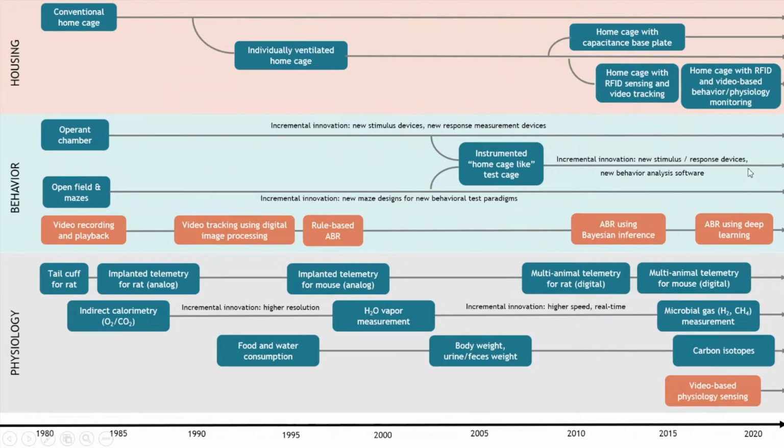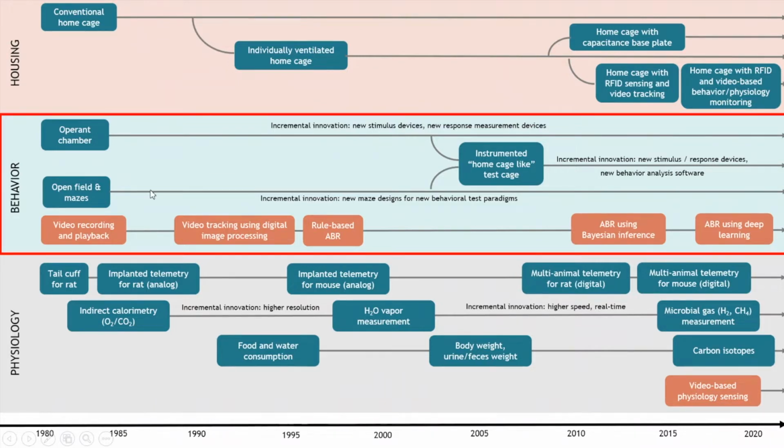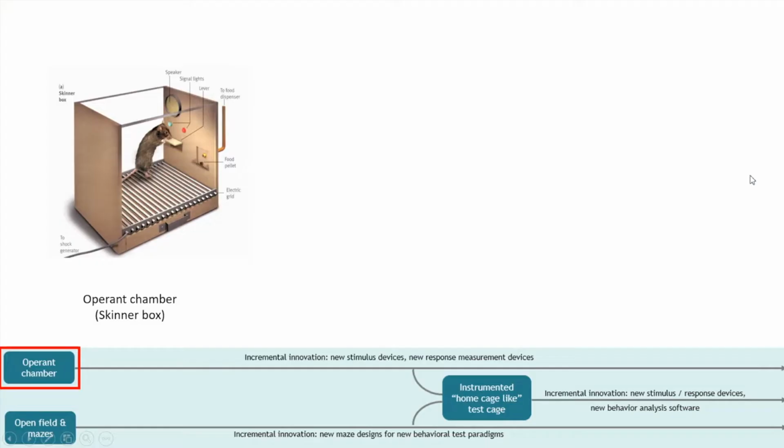I'm starting with this section here, the animal behavior, starting in the 1980s, and I'll illustrate these various elements in the slides that come. So in the 1980s, rodent behavior was roughly measured in two ways. One was the operant paradigms, operant chambers, also called Skinner boxes, which measured the interaction between an animal and devices.